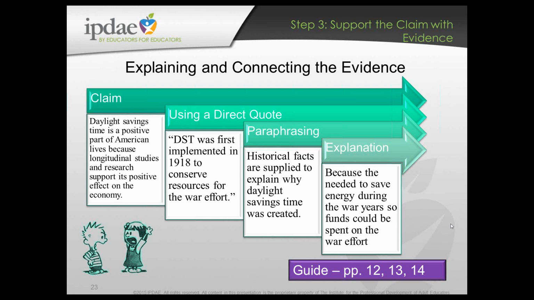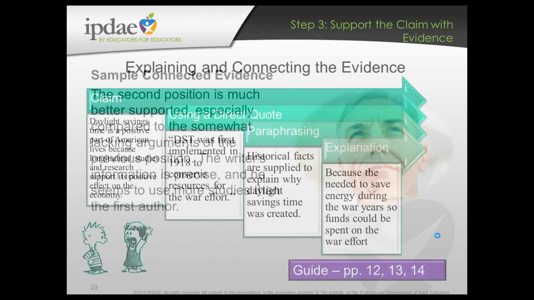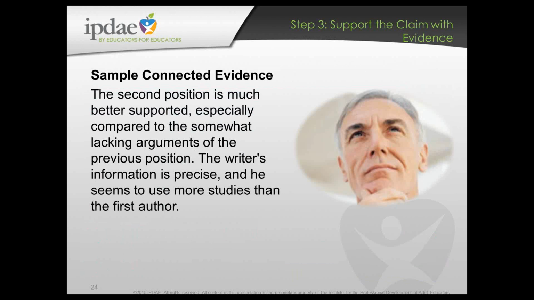So let's take a look at what this actually looks like in student writing. Again, we took this directly out of one of the sample writings that GED Testing Service has in this guide. And just know that all of those writings were done by adult students in the 45-minute time period. And this is what it would look like in one of these constructed responses.